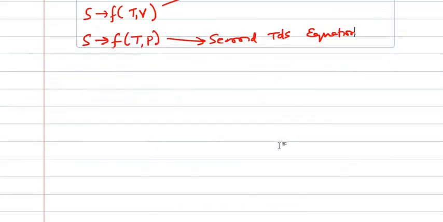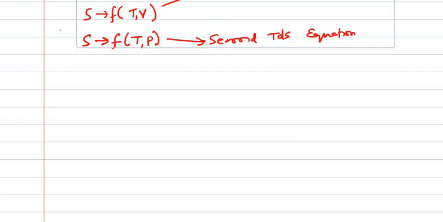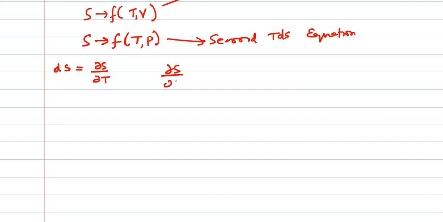So let us derive this. Entropy is a function of temperature and pressure. So dS is equal to dou S by dou T at constant pressure, here dT, plus dou S by dou P at constant temperature, here dP. We sum both these terms.